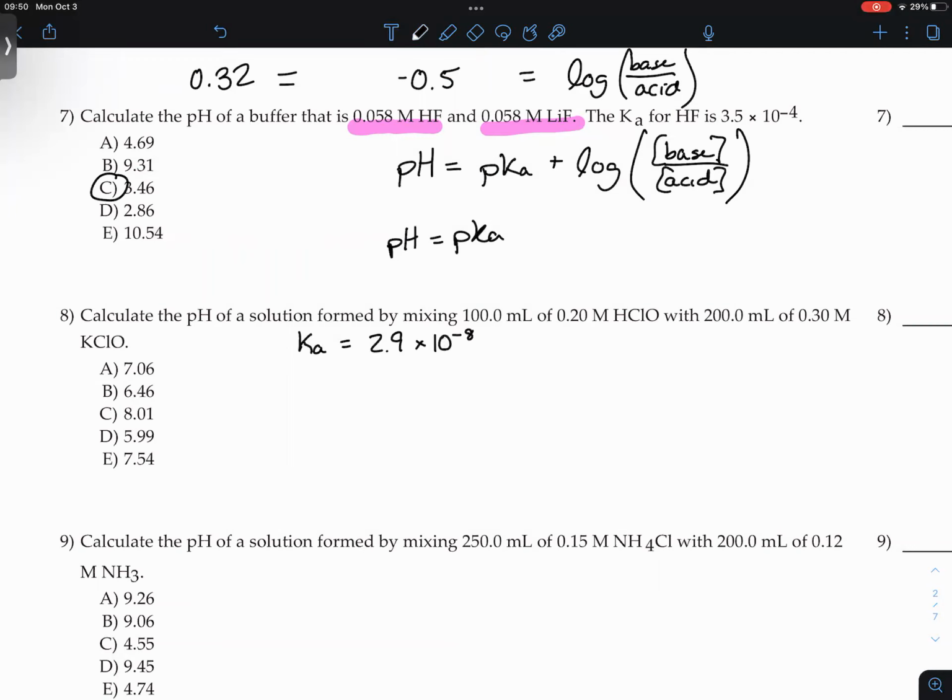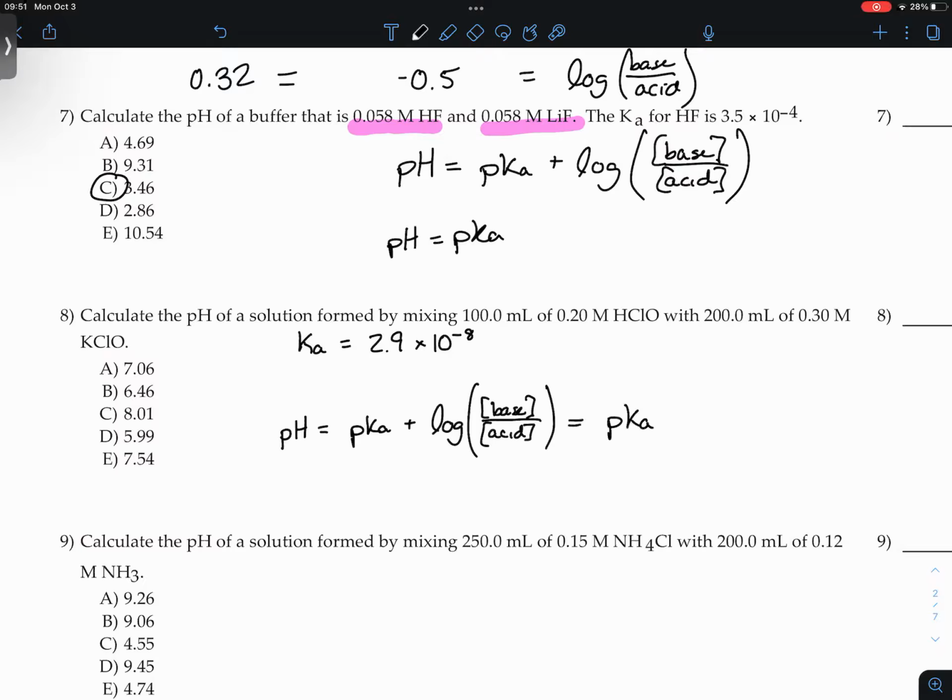Okay, now the other thing about this problem that's going to be tricky is that you mixed these two solutions together. So although you have the initial volume and the initial concentration, the concentration is going to be different after you mix them. But the good news is that since the volume is going to be the same once you combine these, we can actually simplify things. If we take our Henderson-Hasselbalch equation, with the concentration of base over acid, you could absolutely just take a minute and figure out what your new concentration is.